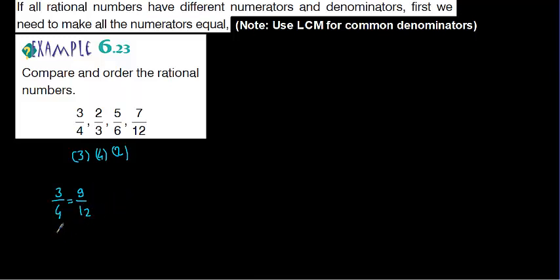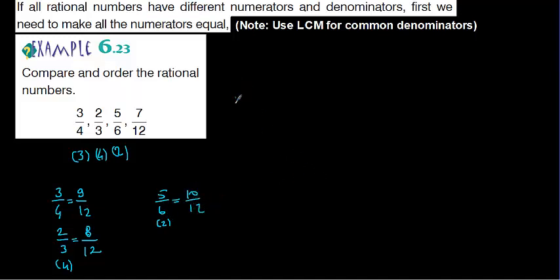When I multiply 2 over 3 by 4, it's equal to 8 over 12. When you multiply 5 over 6 by 2, it's equal to 10 over 12.